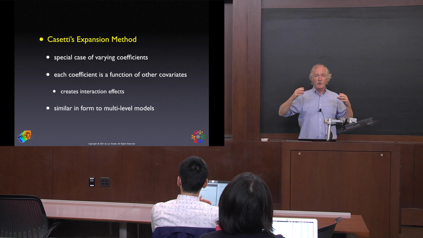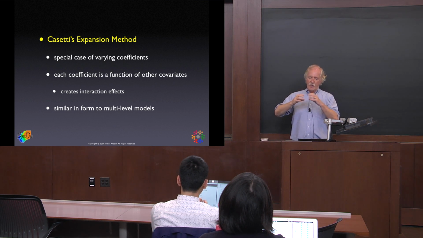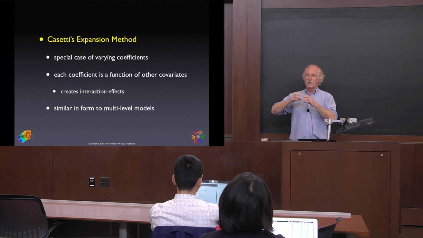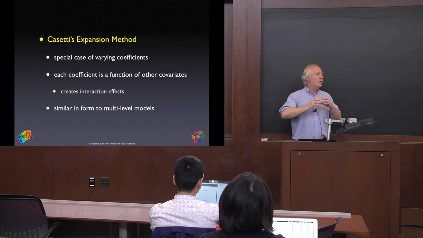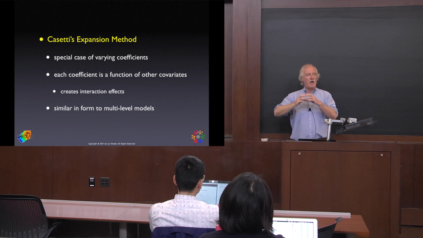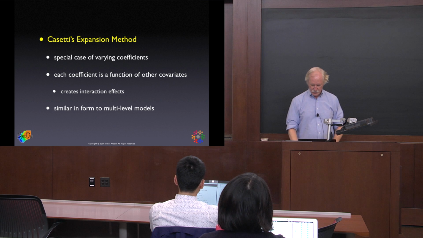So in a multi-level model, a parameter in a county would be a function of state characteristics. In the Casetti model, the parameters for a county would be a function of other county characteristics. So they create interaction effects.